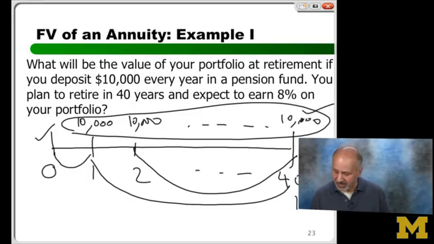Why? Because I'm asking you what is the future value at this point in time. The future value at this point in time of this payment is just itself. If you learn how to travel in time, and imagine you are at point number 40, the last PMT or C is $10,000. So at time 40, it's exactly 10.